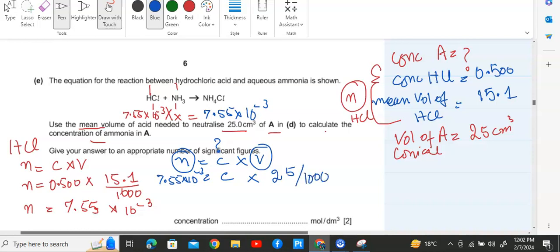So again divided by 1000, 7.55 into 10 to the minus 3 divided by 25 over 1000, and your concentration is 0.302 mole per dm cube. So this is your answer for the concentration of ammonia.